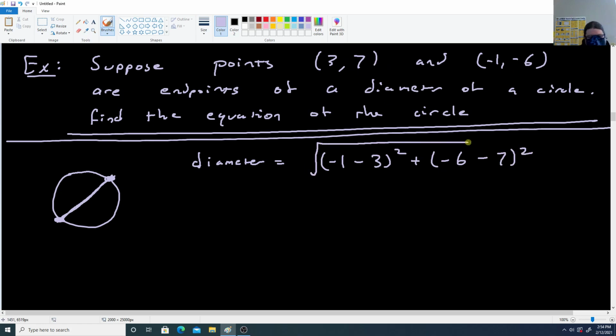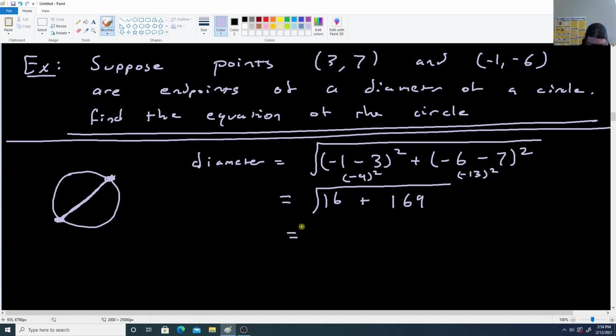So this will be negative 4 squared is 16, plus this will be negative 13 squared, which is 169. So if we add those two together, that plus 16 is the square root of 185.